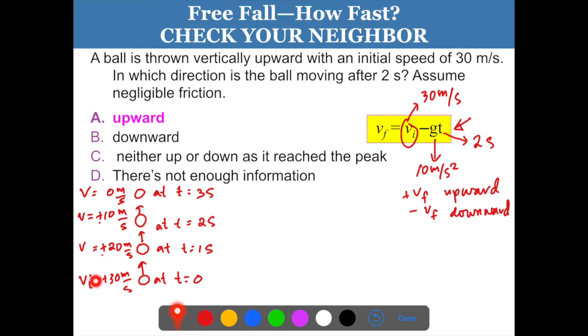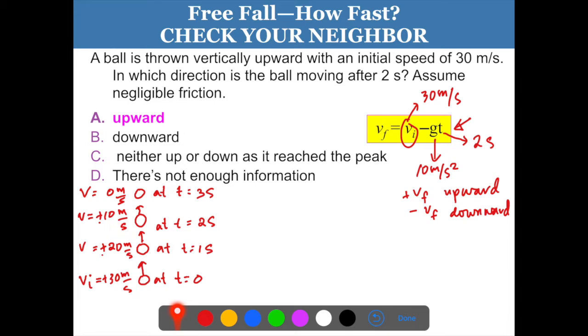So you can see here the pattern. Initially, it was thrown at 30 meters per second. After 1 second, the speed decreased by 10 meters per second, so it's now 20 meters per second. The velocity is still pointing upwards, so you have that positive sign. After another second, the speed decreased by another 10 meters per second.